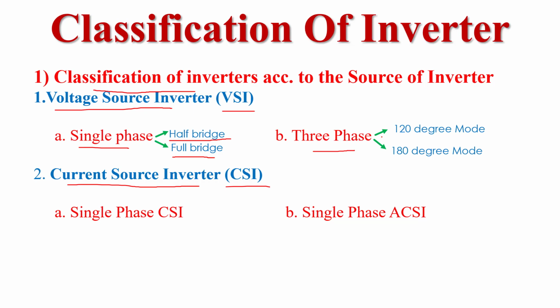Now the second classification of VSI is three phase inverter. Three phase inverter is further classified into two types: 120 degree mode inverter or 180 degree mode inverter. Next classification is current source inverter. Current source inverter is classified into two types: single phase current source inverter or single phase ACSI. So these are the major classification of inverter.